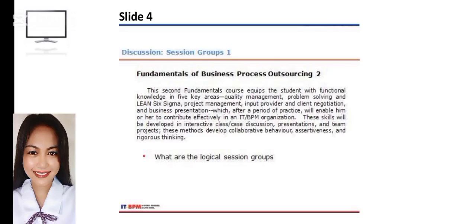Discussion. Session Group 1: Fundamentals of Business Process Outsourcing. This fundamentals course equips the student with functional knowledge in five key areas: quality management, problem solving and Lean Six Sigma, project management, client and provider negotiations, and business presentation, which after a period of practice will enable him or her to contribute effectively in an IT or BPM organization.